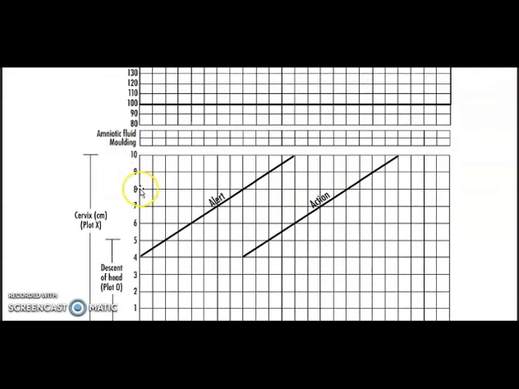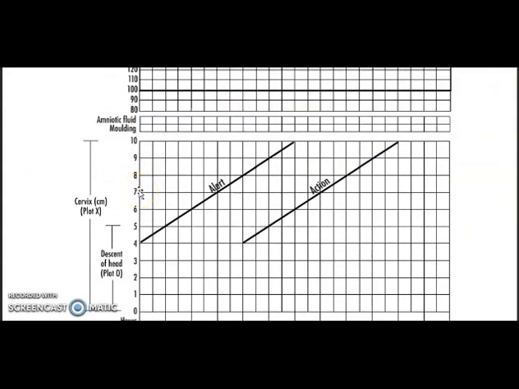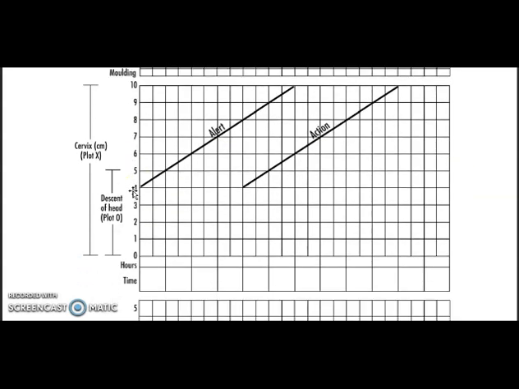The next part of the partograph, ladies and gentlemen, is where we assess cervical dilation and descent of the fetal head. Cervical dilation is assessed every time you do a vaginal examination.